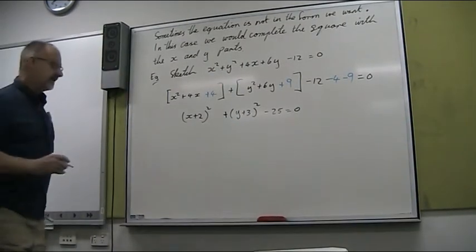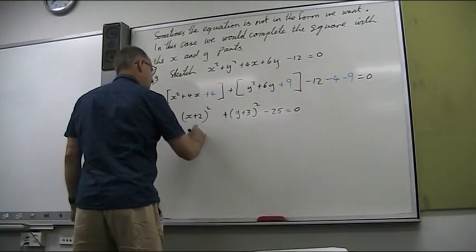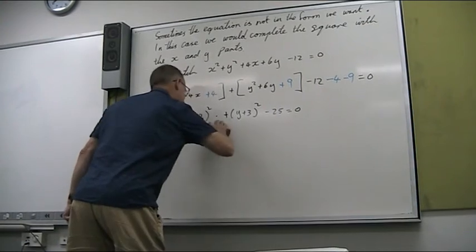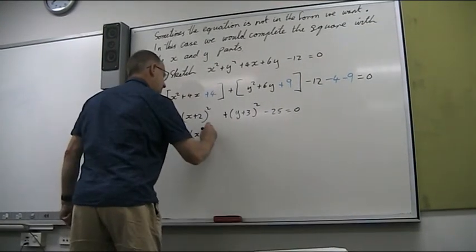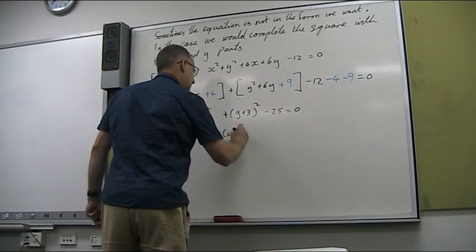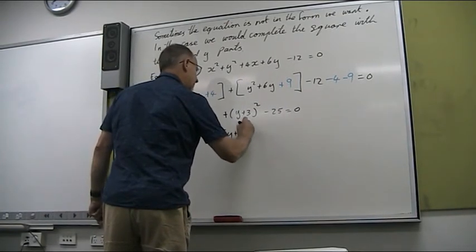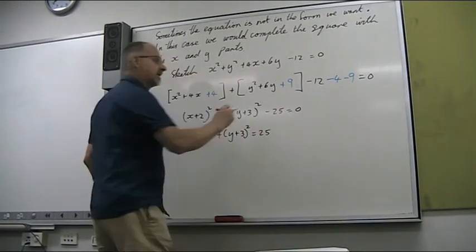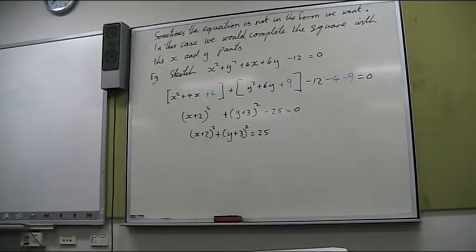And now to get our radius, what do we need to do with that 25? Plus it over to the other side, so we now have it in the form that looks like a circle. And so where's our centre?